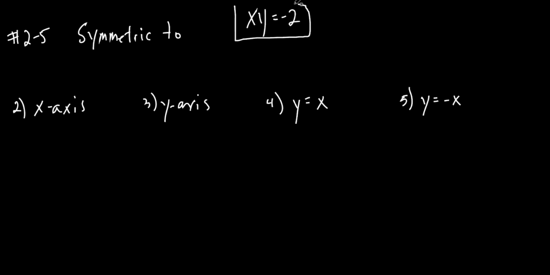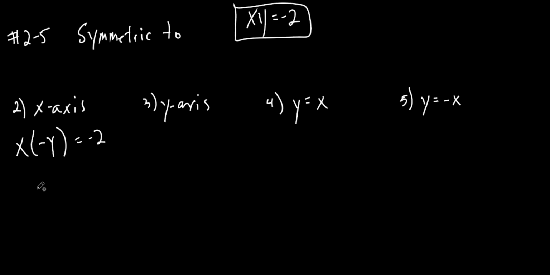So there's the equation they give you, and you want to find, is it symmetric to the x-axis, the y equals x, or y equals -x? So how do I know? What's my test to see if it's symmetric to the x-axis? Change the sign of the y. Keep the x the same, but change the sign of the y. And let's see if it's going to be the same as this.